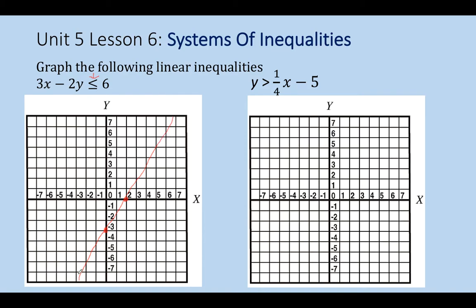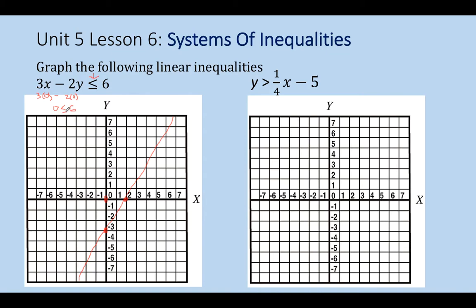And of course, this line represents all of the solutions that would make this true if it were an equation, but we want everything that would make this inequality true. And so we'll pick a test value, when x equals 0 and y equals 0, the origin. If we plug those in, what you'll notice is that this winds up becoming a true statement.